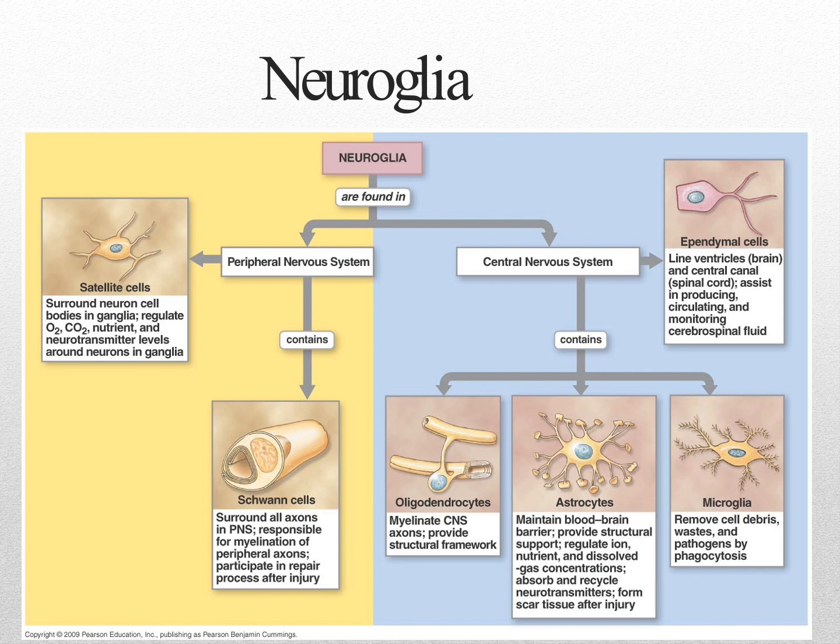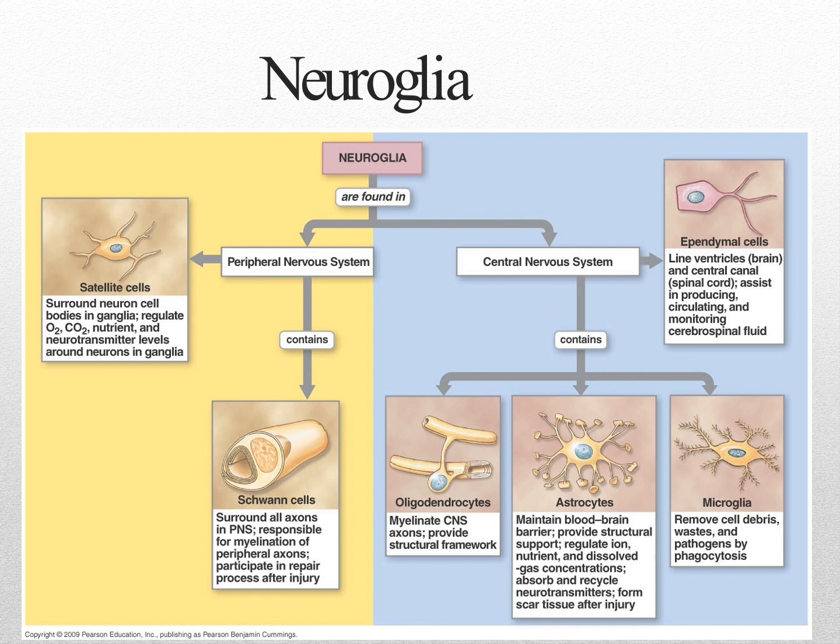That neurolemma is going to allow the peripheral neuron to do something that central nervous system neurons cannot do, and that is regenerate. As long as the cell body is intact, the neurolemma will allow the peripheral nervous system neurons to regenerate.